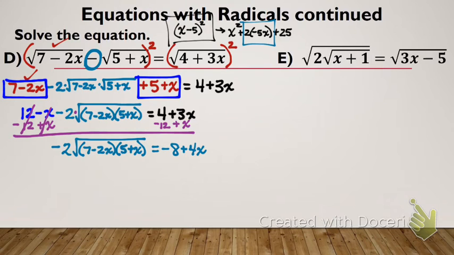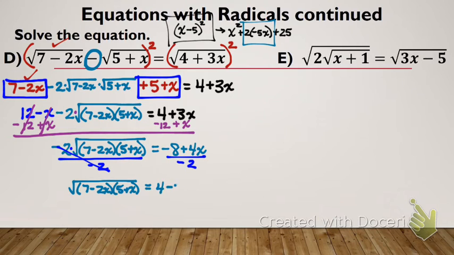Talk to me about getting rid of that negative 2. Divide it on both sides. That means I divide both terms by that negative 2. Should I just go? Yeah, you can just go. So I have 4 minus 2x.